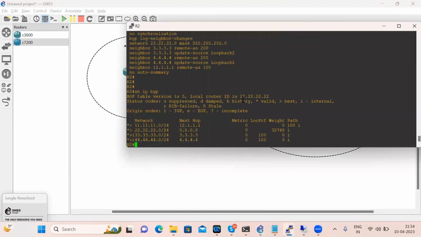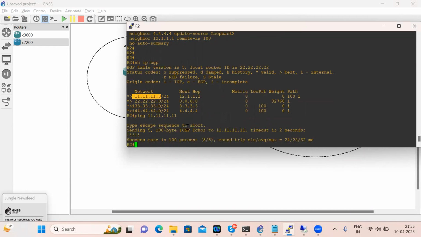Show ip bgp, if you see, we got the network information of 11.11.11 from my eBGP neighbor with a next hop of self. Self means what? Router 1 self. Which is 12.1.1.1. And I am happy with that. Why? Because I am able to reach that network. Is it able? Okay.